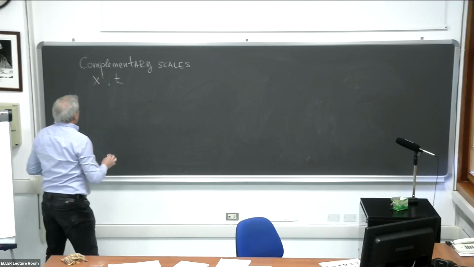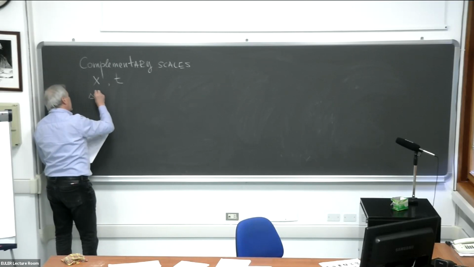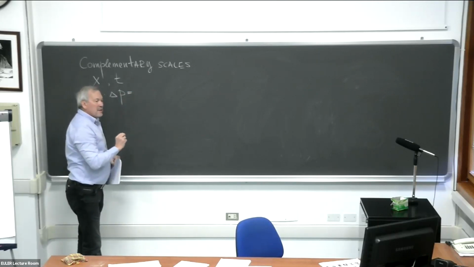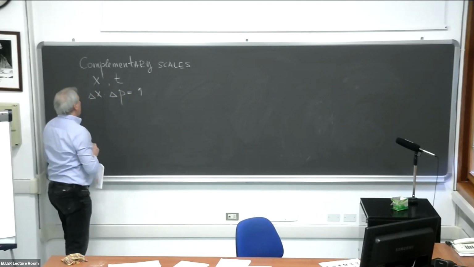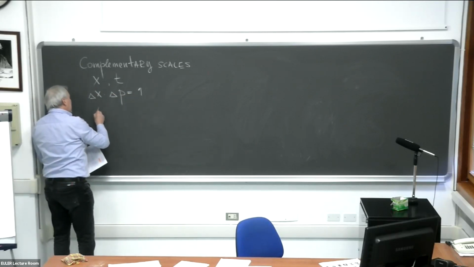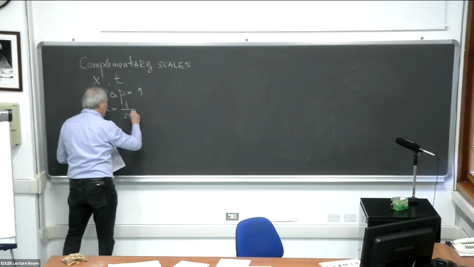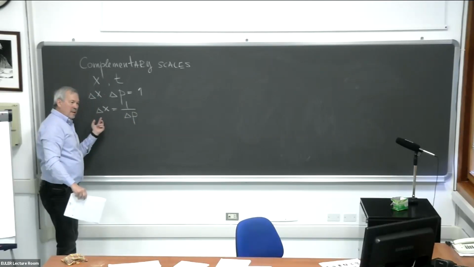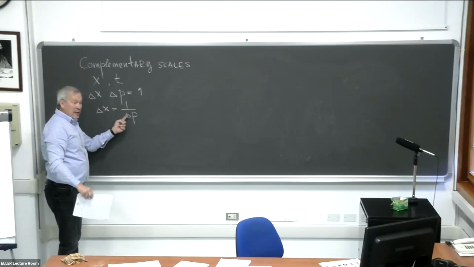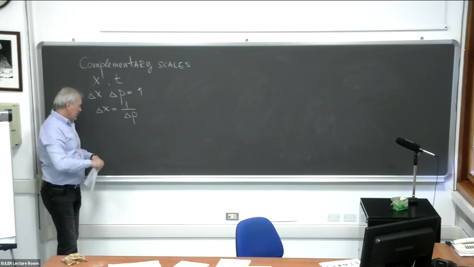So we can write the uncertainty relation as delta x times delta p. And since the Planck constant in our units is 1, this means that delta x is 1 over delta p, and therefore we can measure the distances in units of inverse energy and momentum, because momentum we also measure in units of energy, electron volts.